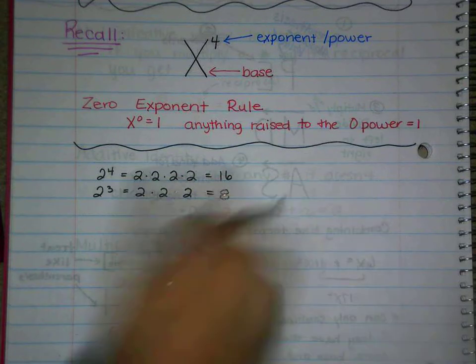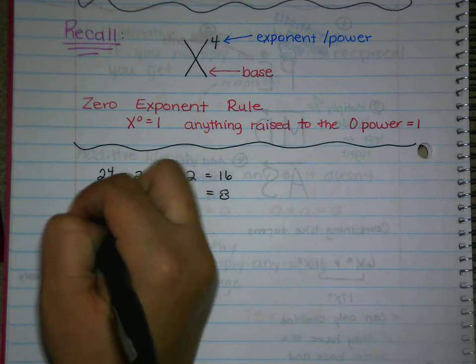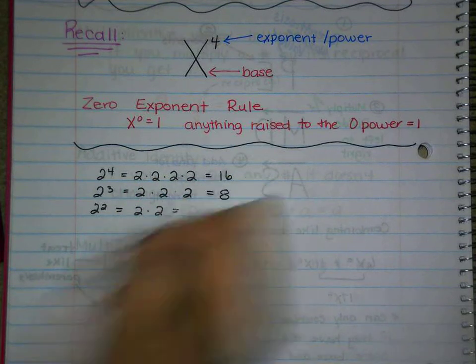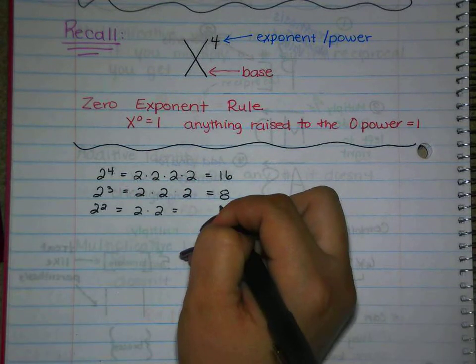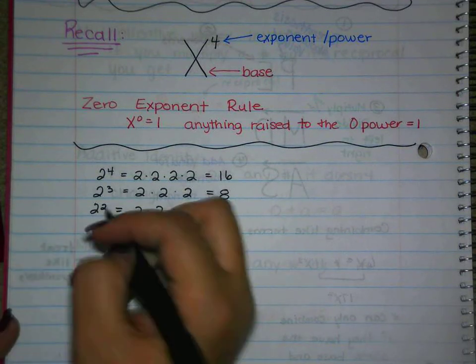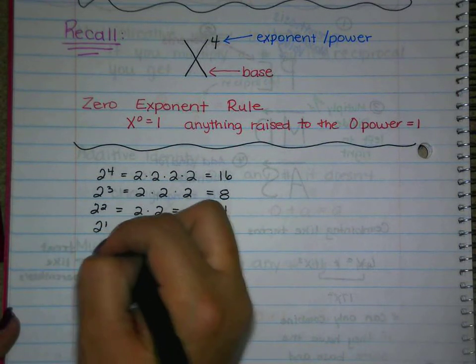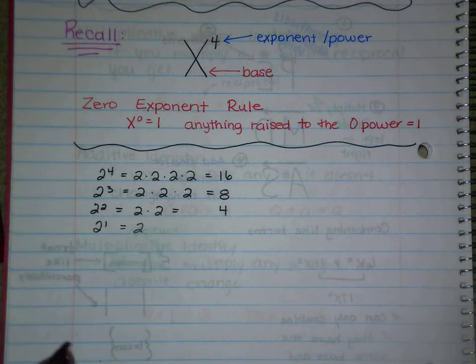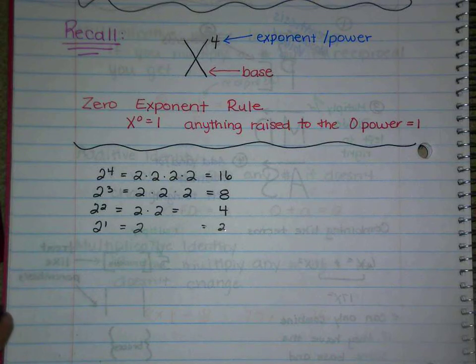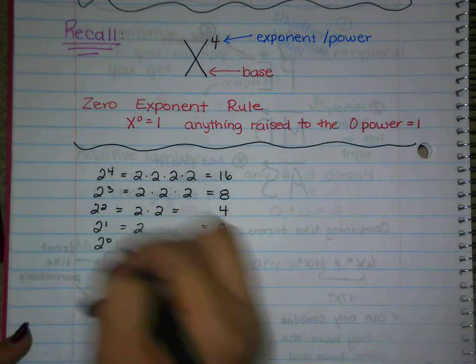Okay, we're going to go down another power. We're going to say 2 to the 2nd power is equal to 2 times 2, and 2 times 2 is 4. I'm going to line them all up so it's more helpful to see. If we go down another power, we have 2 times nothing, right? Just 2, and that's going to equal 2. Okay, and if we go down a power, well, let's see what happens.